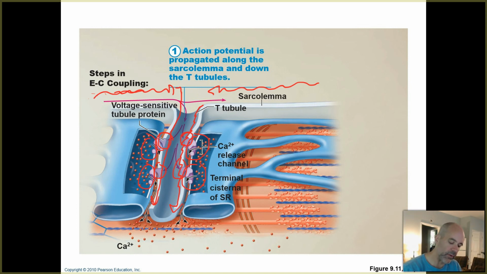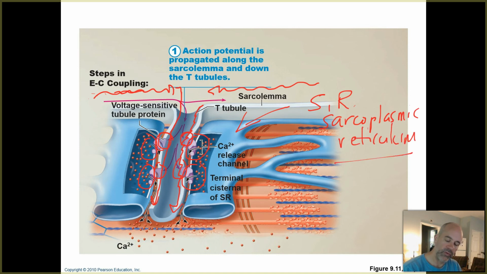Those calcium channels are part of the SR, or sarcoplasmic reticulum. And your sarcoplasmic reticulum, again, stores calcium ions. So you got calcium ions stored inside that compartment.